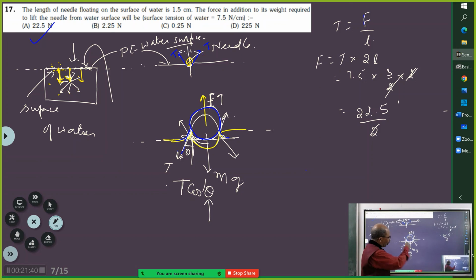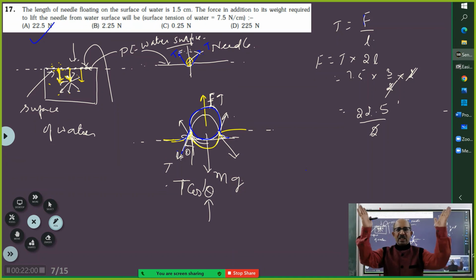If you have questions like this, you make a drawing. What I did now here is precisely what you can also do. You don't get stuck with the problem. When I'm pulling it up, what happens? Oh, I saw a diagram where the forces are being shown down. When the needle is floating, you are showing the surface tension like this.